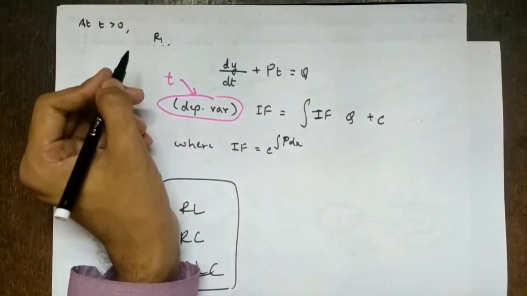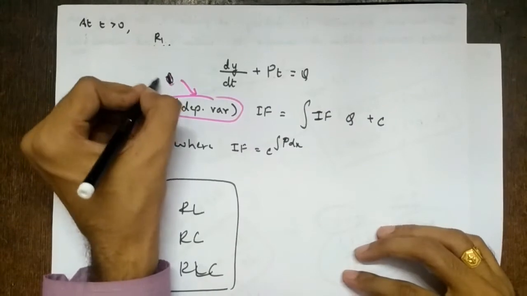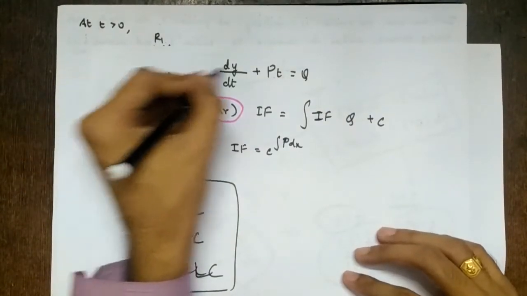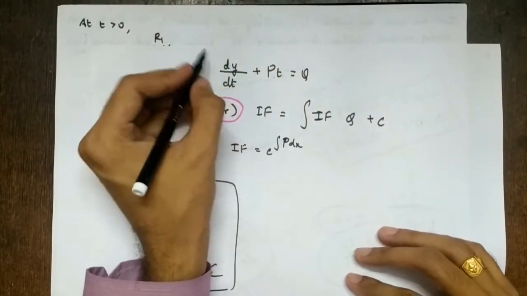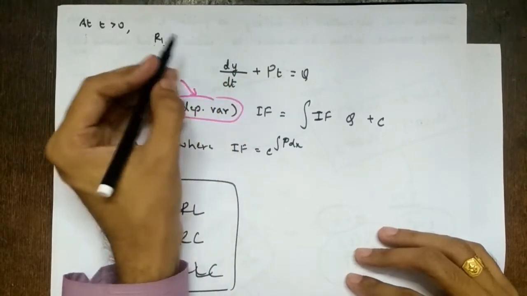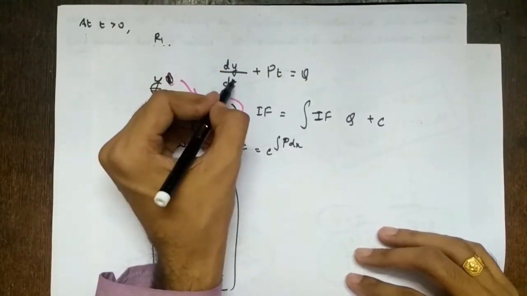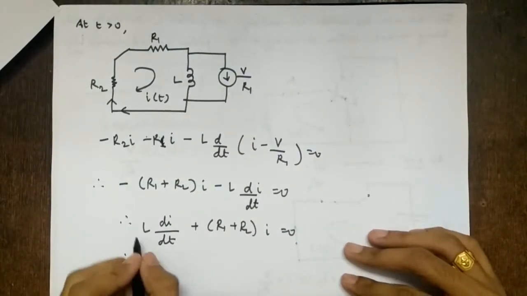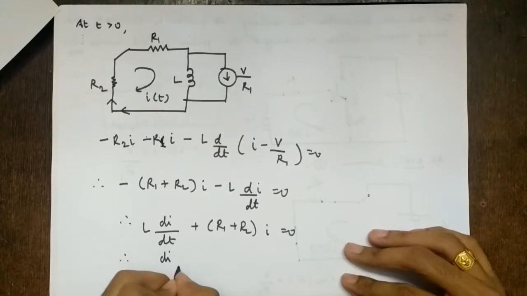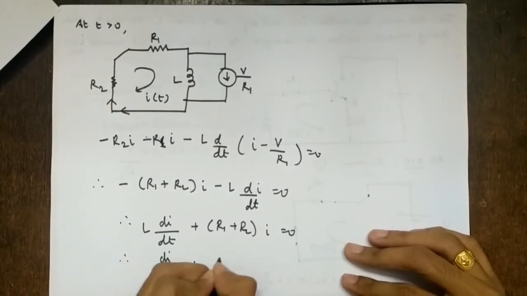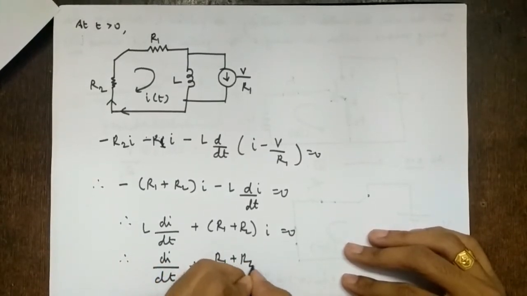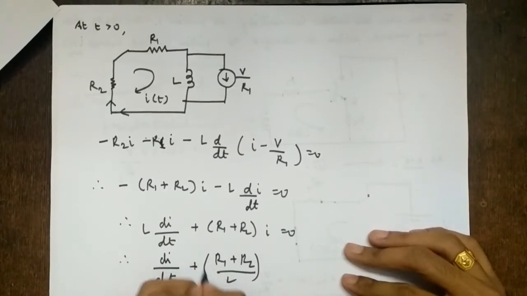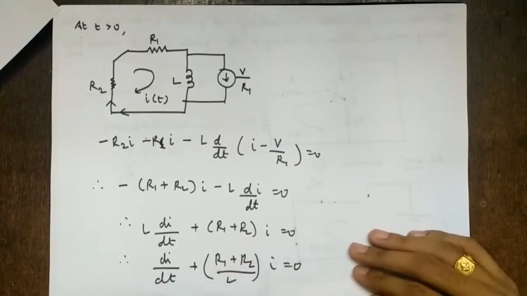Sorry, the dependent variable has to be Y, and t is the independent variable. So what is our standard equation? dy by dt plus p t equals q. I want the coefficient of this to be 1. So always keep this coefficient 1, so divide by L. So di by dt plus R1 plus R2 upon L into I equals 0, right?